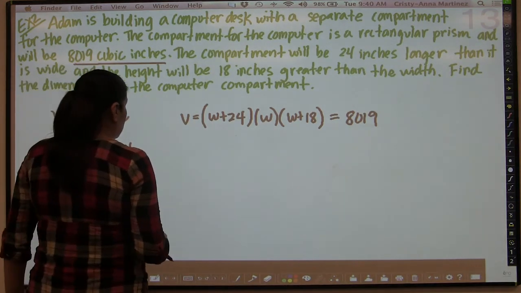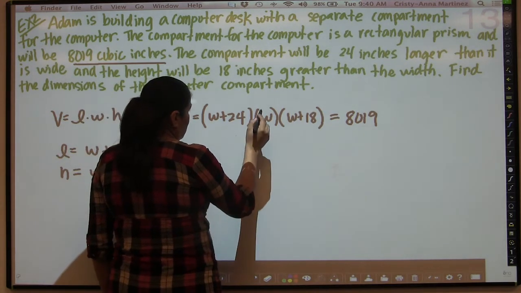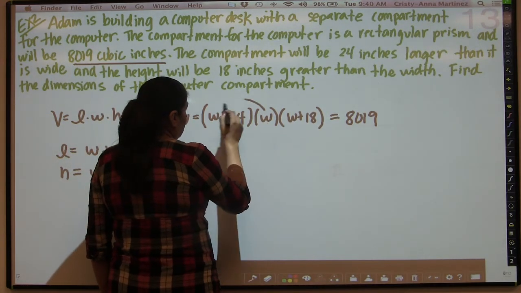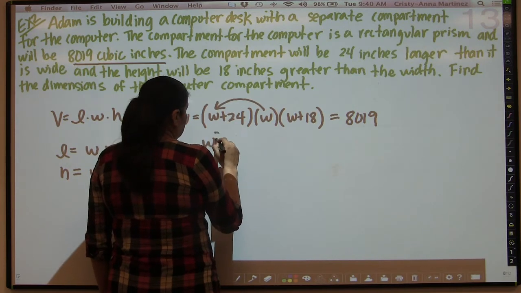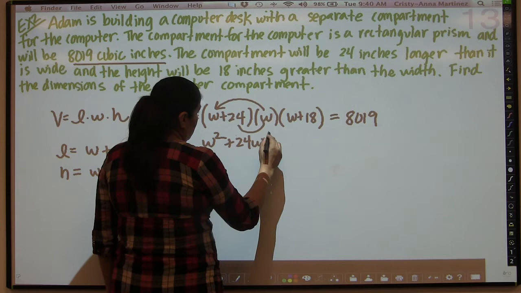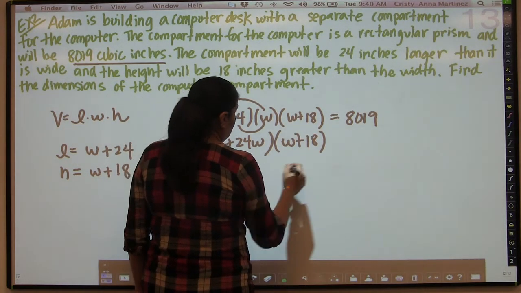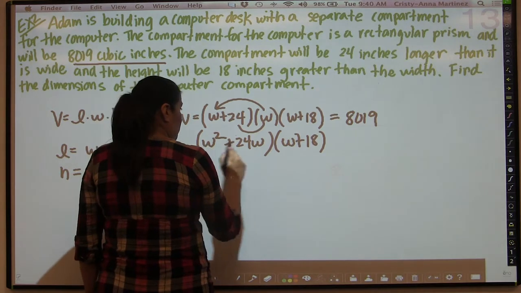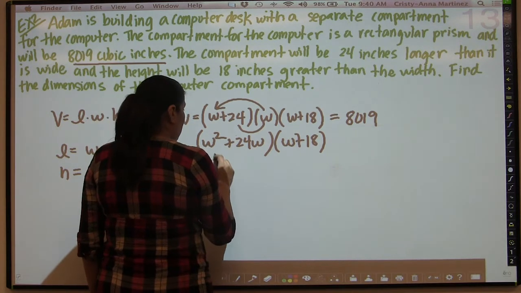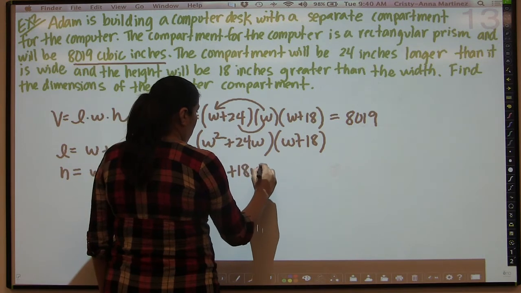So now what we have to do is come up with an equation here. So we're going to go ahead and just multiply W times W. W squared, W times 24 is plus 24W. And then we're going to FOIL that with W plus 18. So that's going to give us first times first is W cubed. Outside times outside is plus 18W squared.